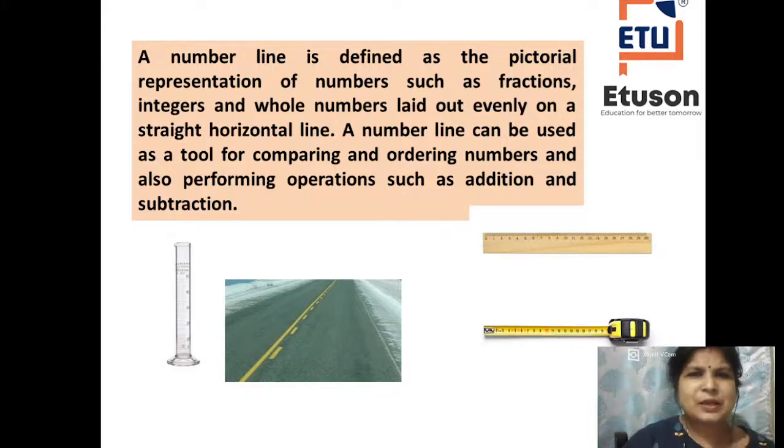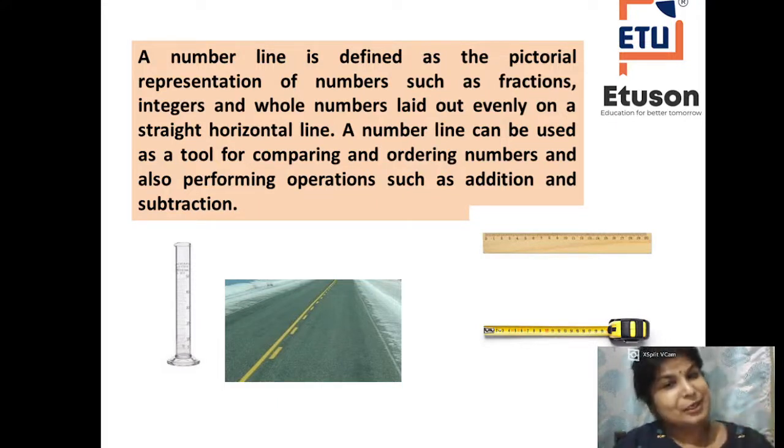So usually we use number line to represent all kinds of numbers, if it is fraction, integer, whole number, everything. So in total you can represent all the real numbers on a horizontal line, and it can be used for comparing which number is greater, which number is smaller.